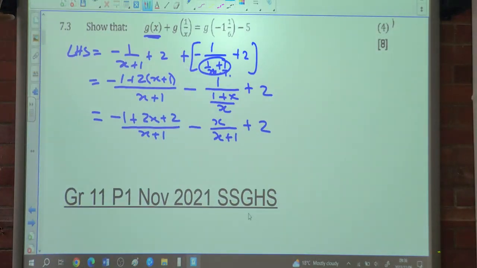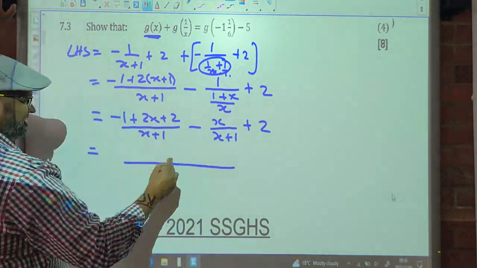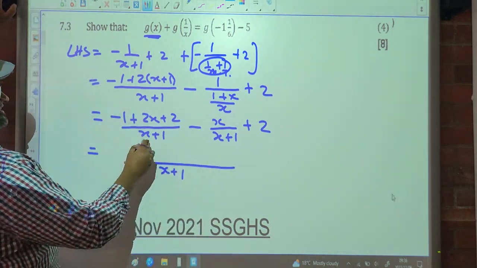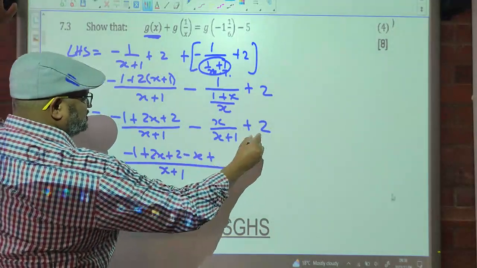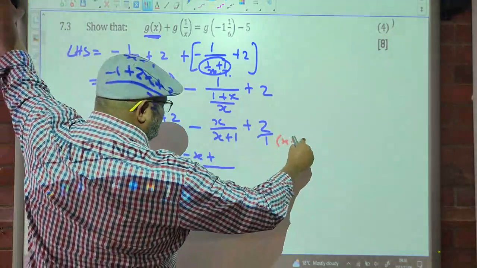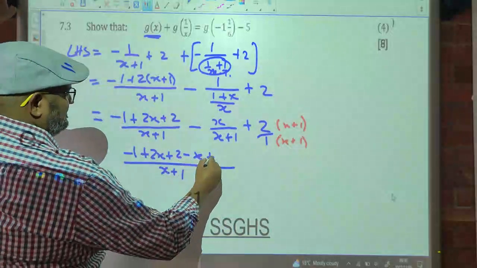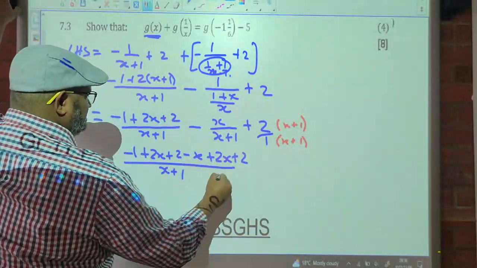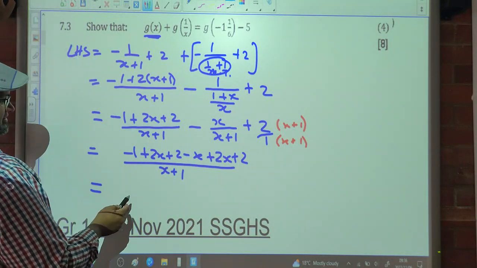So that now gives us, my LCM is x plus 1. So you've got negative 1 plus 2x plus 2 minus x plus 2 into x plus 1. Normally I would have written it out first, but I'm running out of space here. 2x plus 2. So what do I do now? Add like terms.